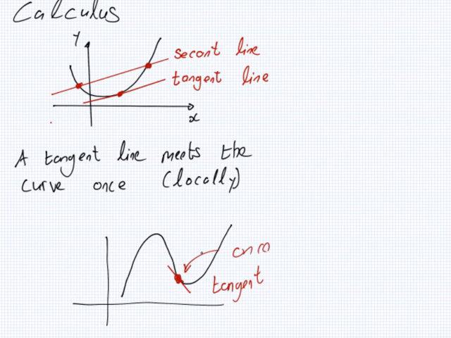But you might complain, well, if I continue the line, it meets it again. I don't mean that when I talk about tangents. I only mean in a small area it meets it once. Not like this. Okay, so that's what I mean by local. Okay.